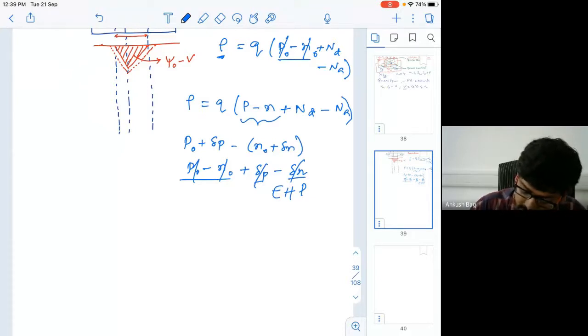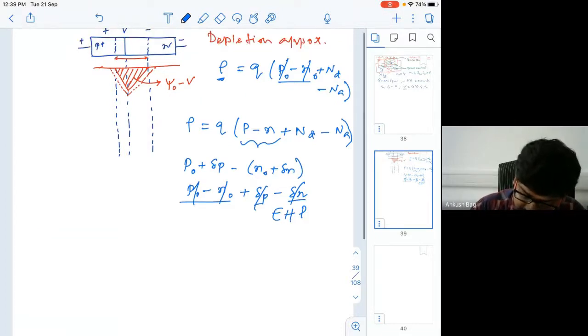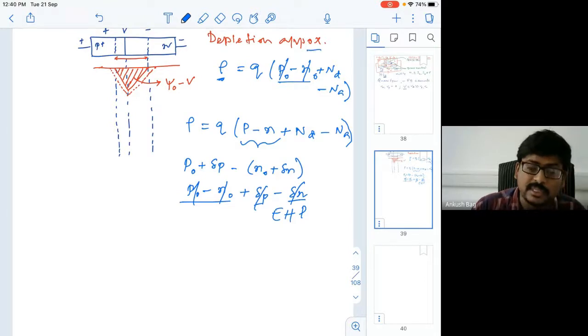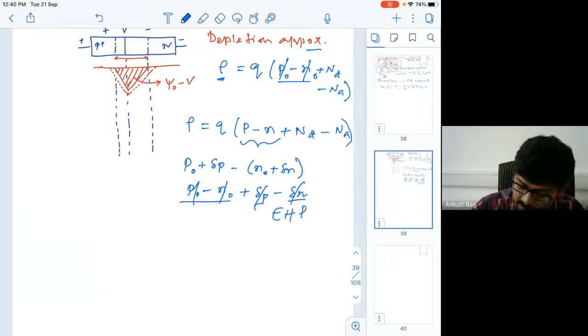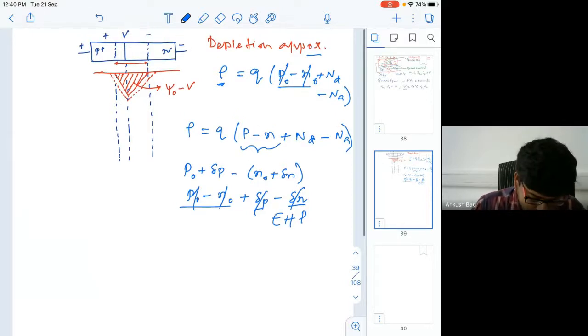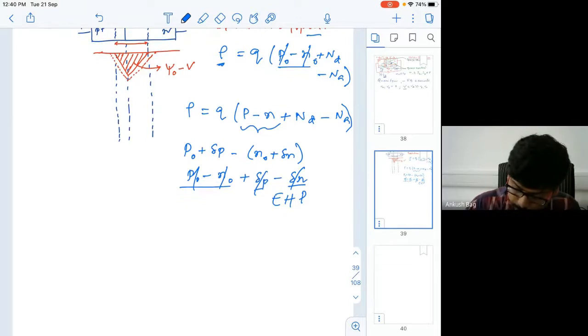So from this particular derivation, we can see that this depletion approximation condition still holds in case of a biased diode. We saw this depletion approximation earlier in the thermal equilibrium condition, and it is still valid for this biased condition. So this is the depletion approximation.